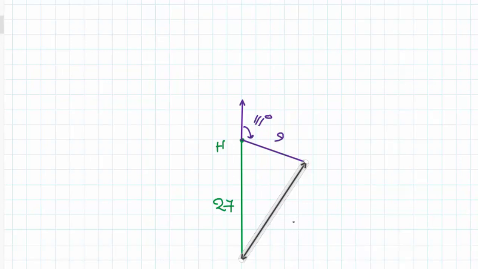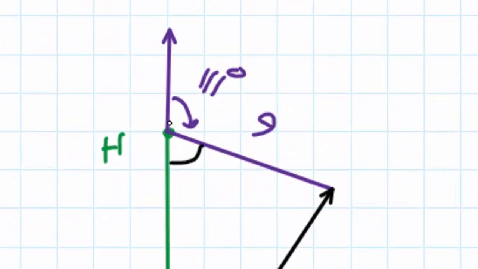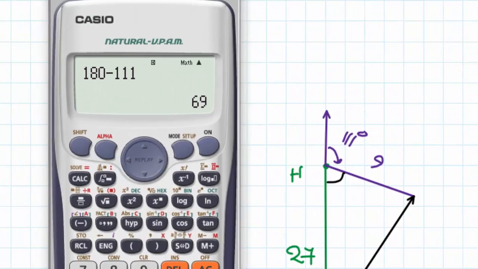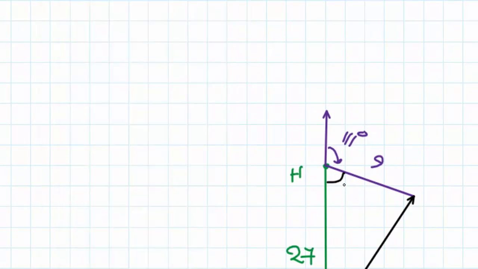The length of this line is missing, so we have an angle with two sides around it, which means we can use the cosine rule to find the missing side. Then what's the size of this angle? From here to there is 111. How much more do we need to complete 180? So we need 69 more degrees. If we subtract it from 180, it is 69 degrees. So this angle here is 69 degrees.